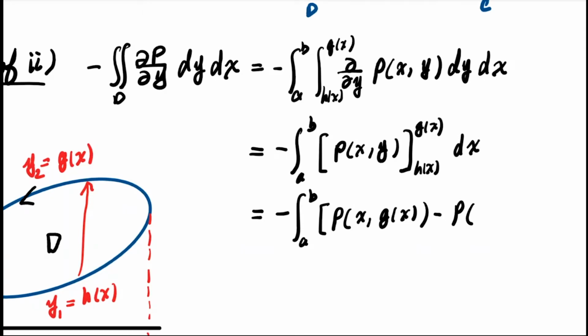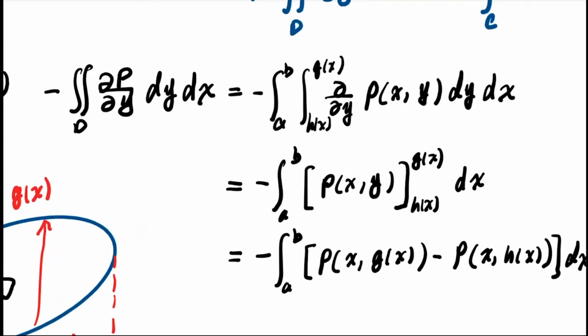Minus your P function of x, and then you substitute h of x, and dx. Still with me? If you're confused, now is a really good time to say so. You with me?